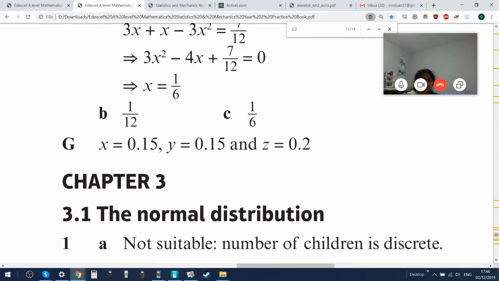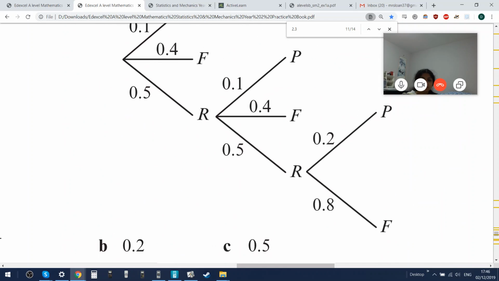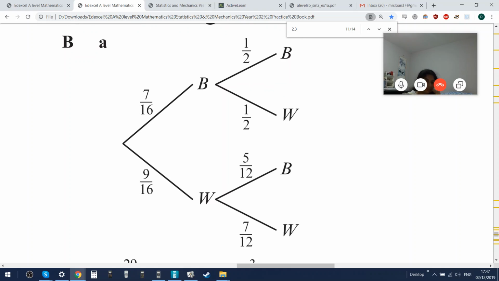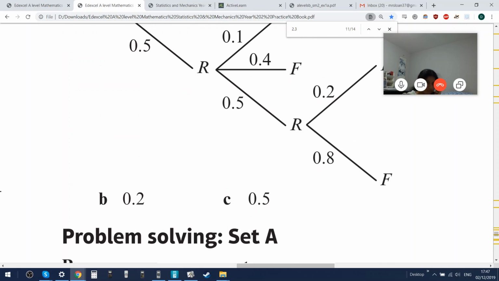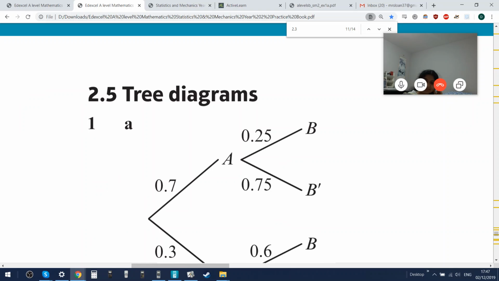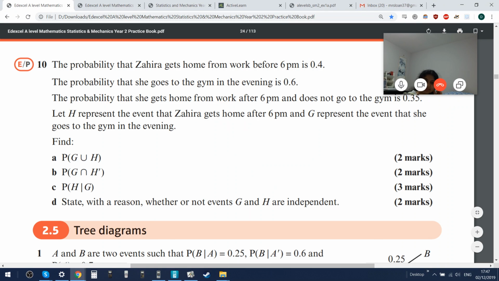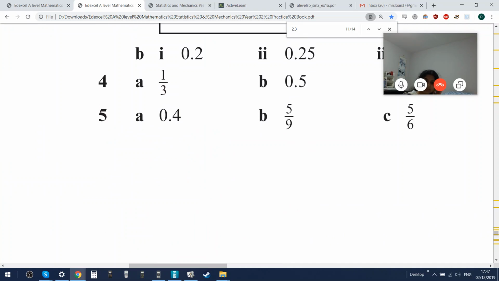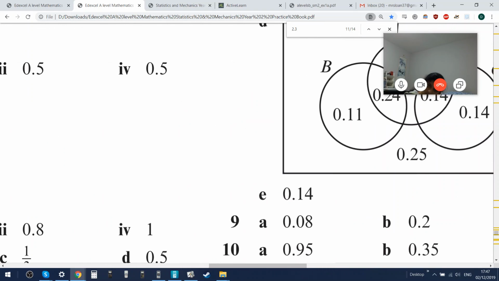Our tree diagram might not even be correct. Question 8, question 9, nope. Tree diagrams is 2.5. We haven't, so it should be 2.4.